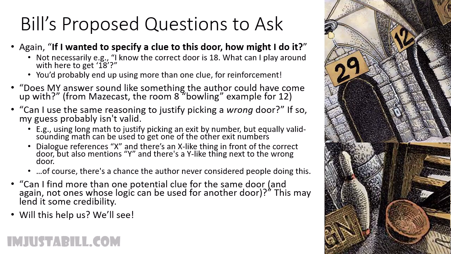And the example it gives is in room 8, where you're supposed to pick door number 12. One of the proposed explanations is that there's a bowling pin in the room, and there's this theme with bowling, with crashing and echoing. So I think of bowling, and 12 would be the number of strikes you have to bowl to get a perfect game.